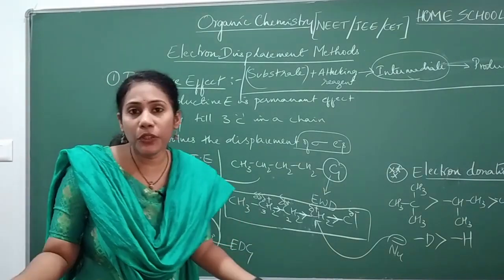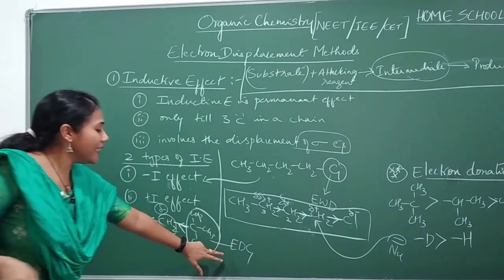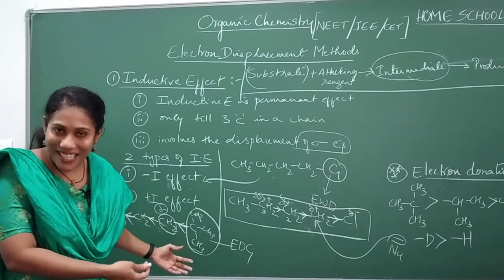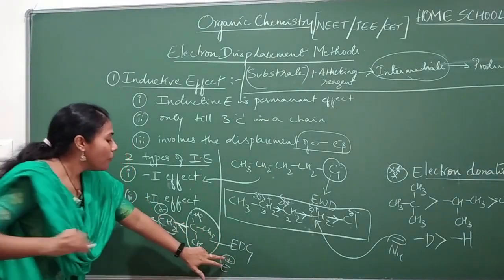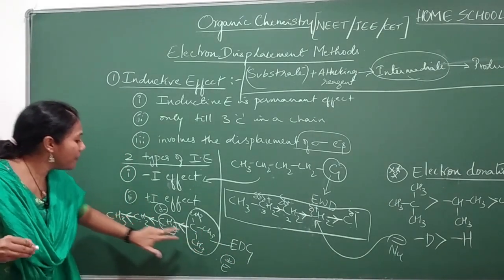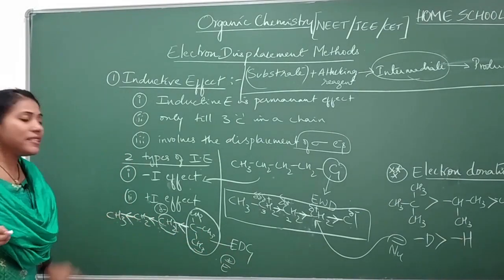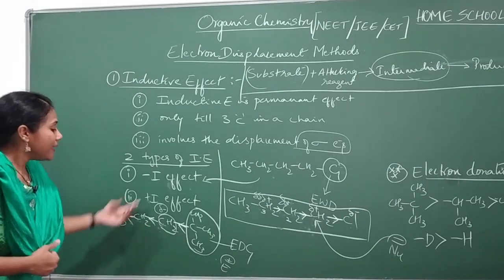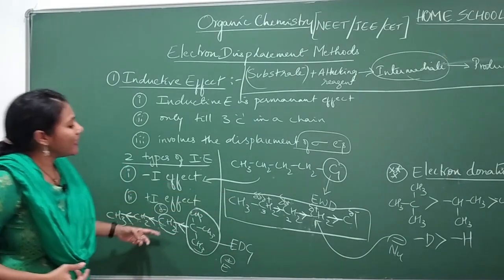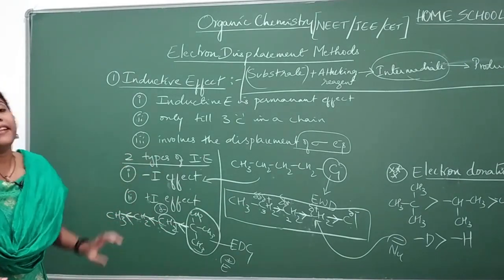They are electronegative, so definitely they can react with the positive guys. Yes or no? If positive guys are there in a reaction, where will they go and attack? Definitely they will attack the carbons in a chain. So this is how you can predict what type of reaction a molecule can undergo based on inductive effect.